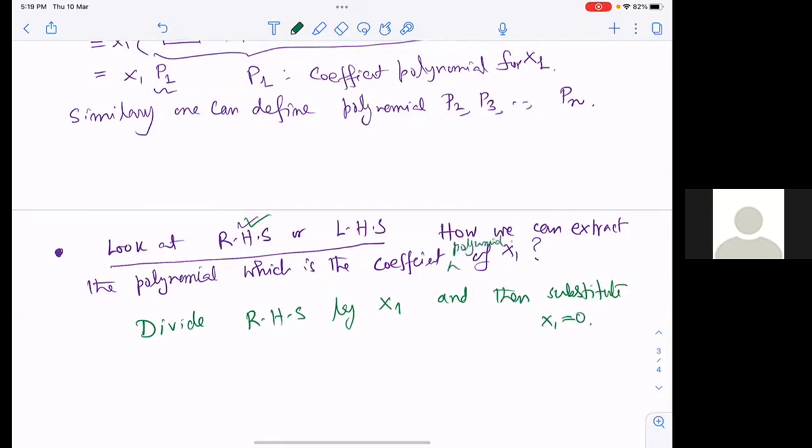Why by this process do I get the coefficient polynomial of x1? If you divide by x1, which terms survive? The terms that contain either x1 once or x1 many times, right? They survive.